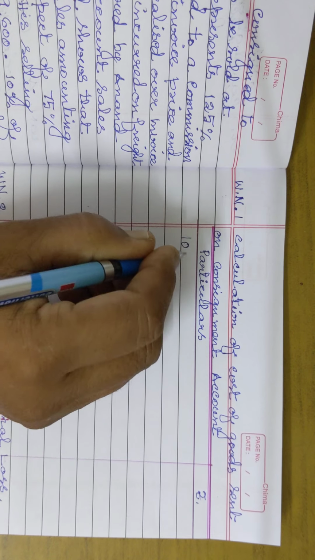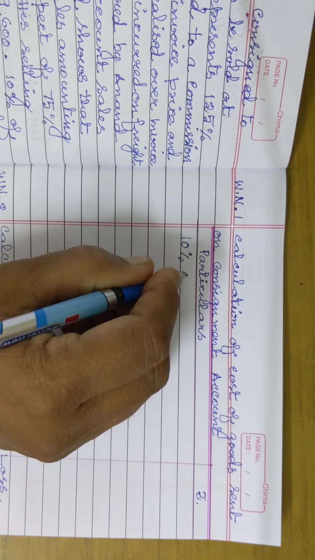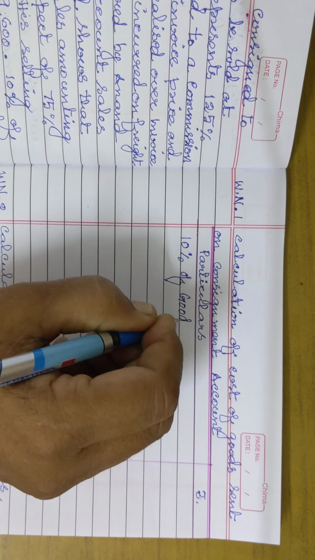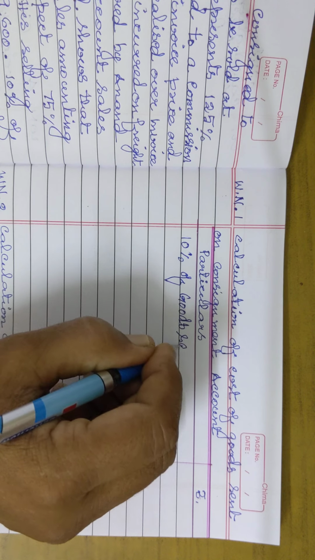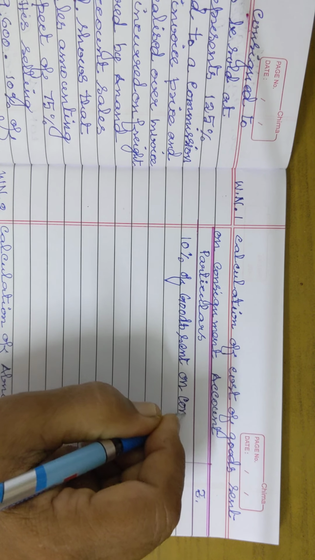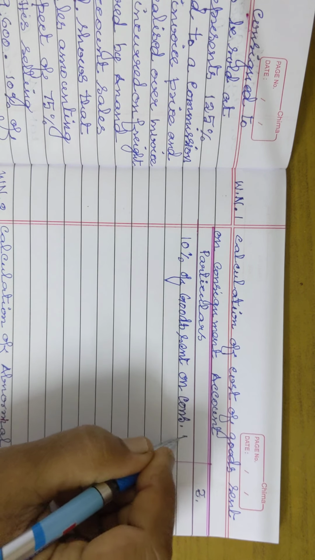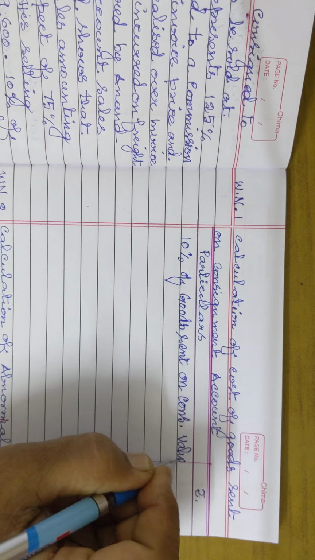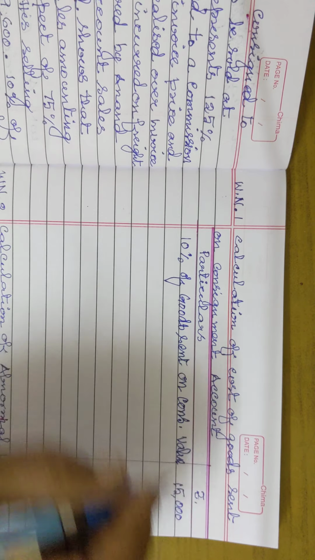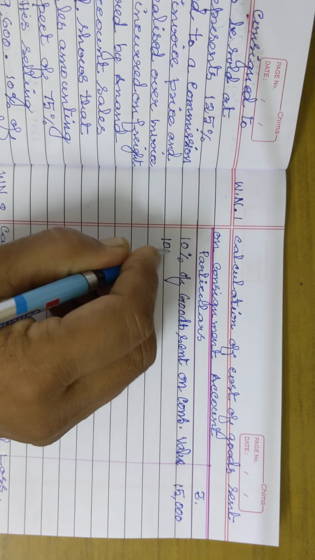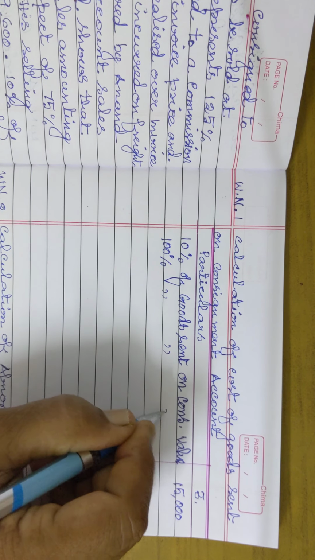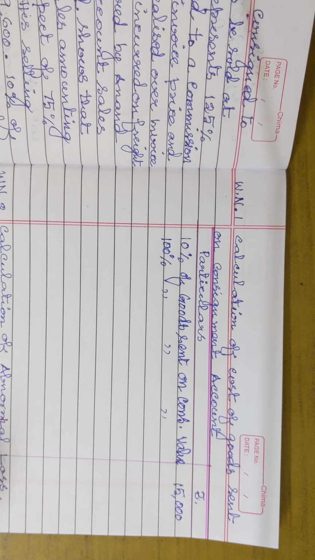So 10% of goods sent on consignment, I am writing in short, you have to write it in full, the value is 15,000. So we can find out the 100% of the goods sent on consignment account.